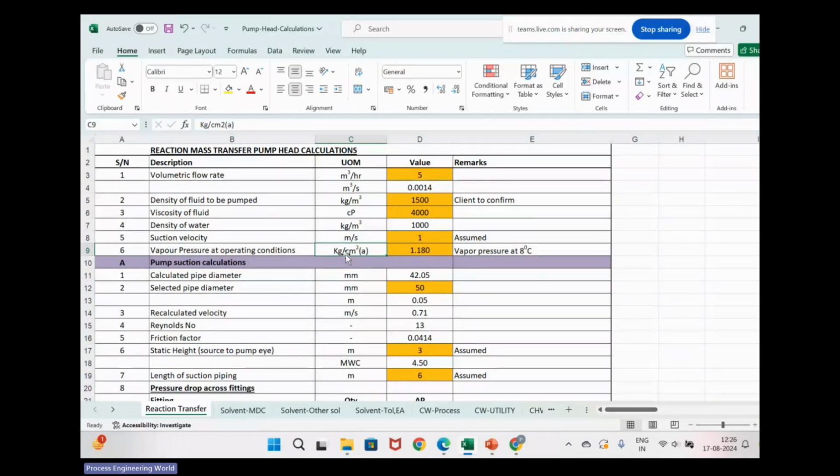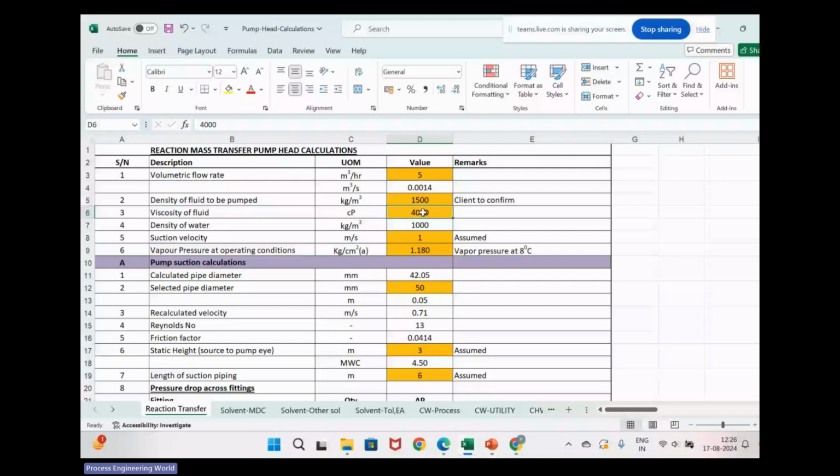The orange color defines the inputs, the values you need to provide for calculation of pump head. Here we will understand how to calculate pump head, NPSH, and pump power. So these three things we are going to learn here.